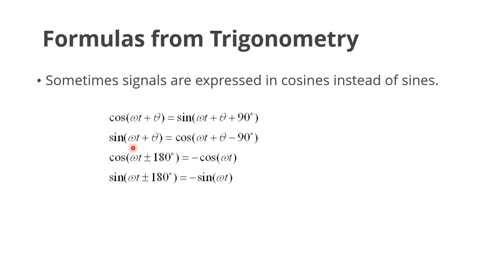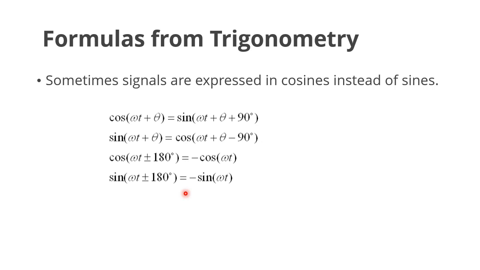Likewise, here sin(omega t plus theta) has to be converted into cosine, therefore we subtract 90 degrees. So sin(omega t plus theta) equals cos(omega t plus theta minus 90 degrees). Also, cos(omega t plus or minus 180) equals minus cos(omega t), and sin(omega t plus or minus 180) equals minus sin(omega t).